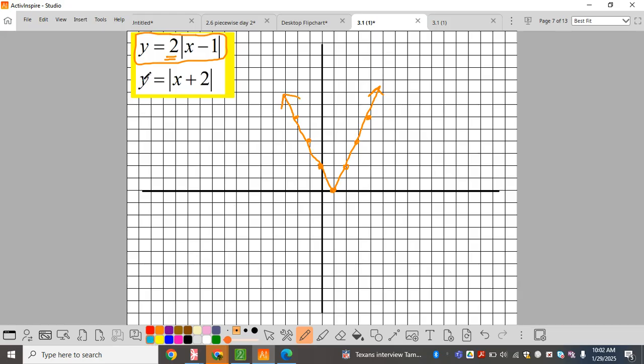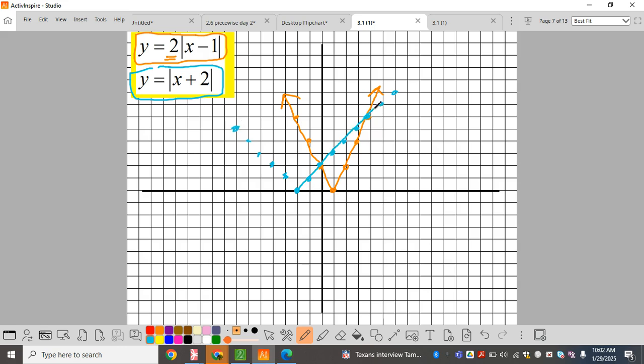And then let's try this light blue here. X plus 2, I'm going to go left 2. Up 1 over, up 1 over, up 1 over. All right, there you go.